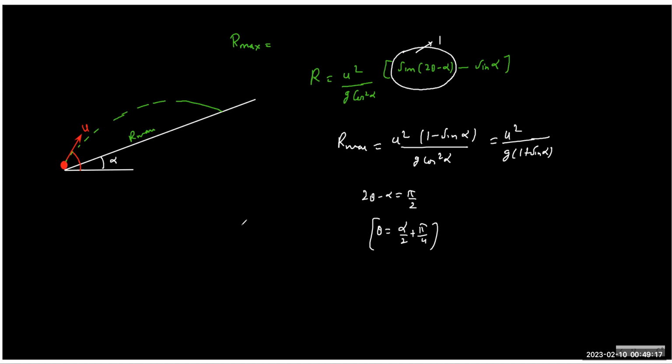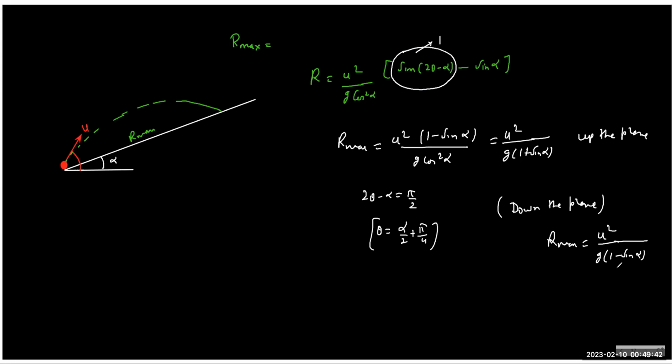And when you go down the plane, you can again derive it, but the answer is 1 minus. The only difference is minus. And that's logical. When you go down, it will travel more, so to travel more you have to make the denominator less.